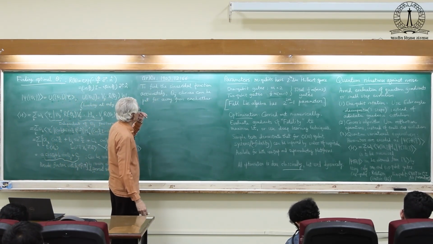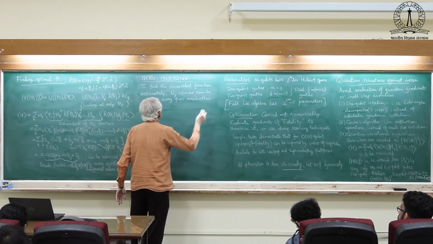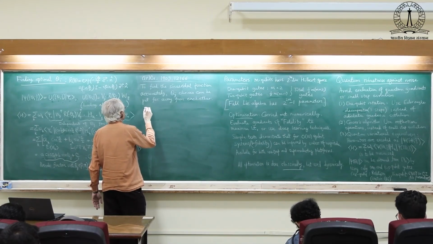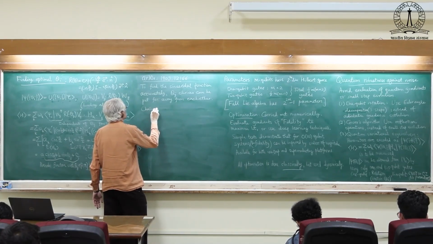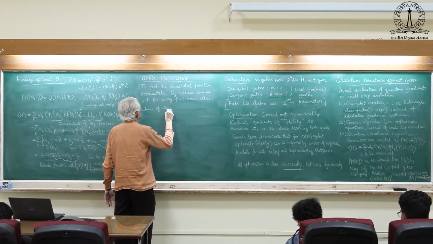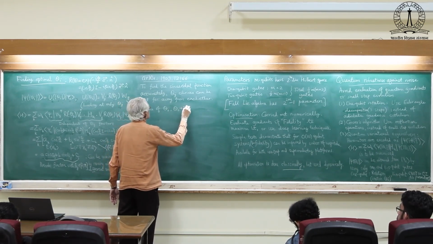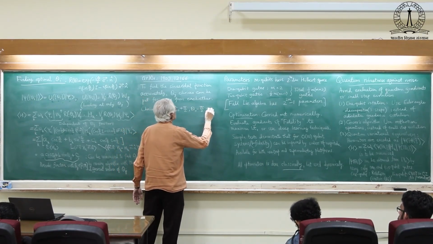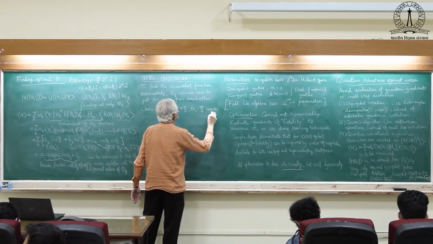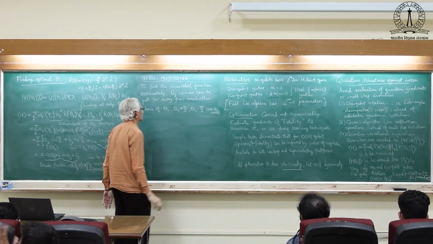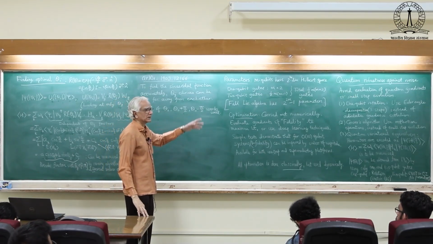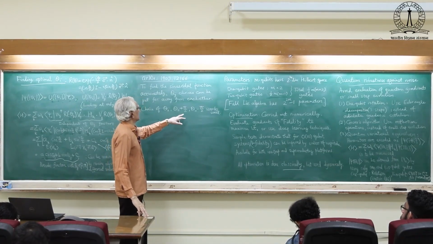So these people recommend choosing 3 values: some theta 0, some initial value, plus pi by 2 and minus pi by 2. Why pi by 2?